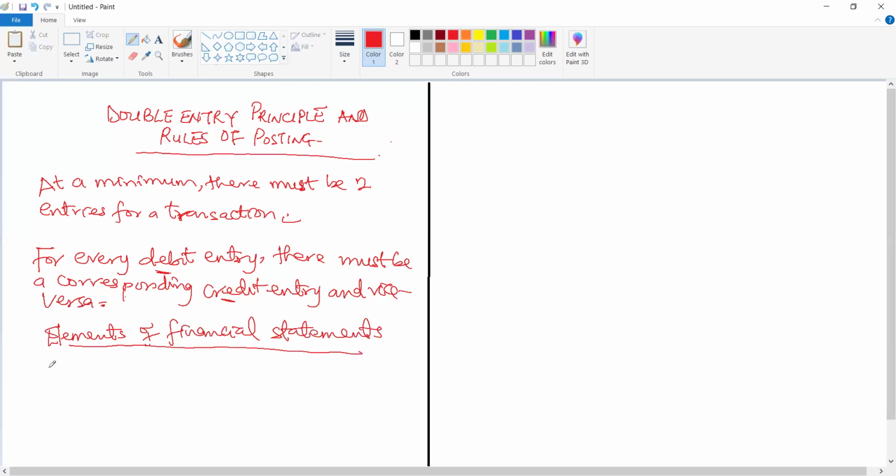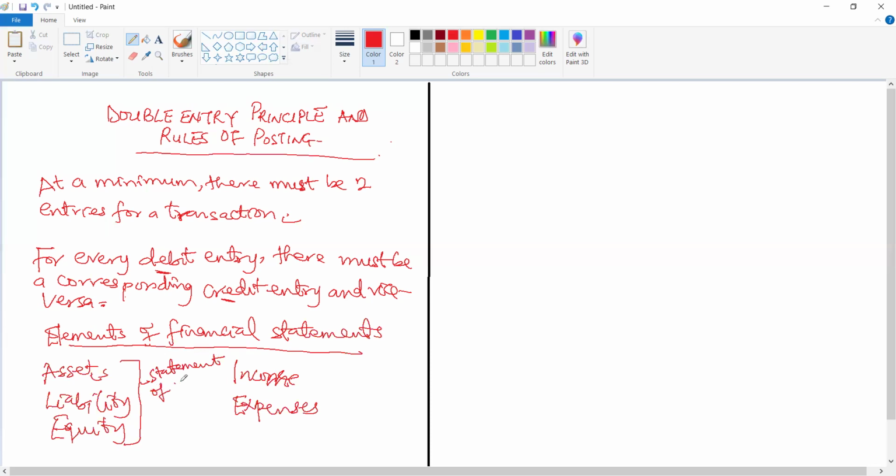We have assets, we have liability, we have equity, we have income, we have expenses. You see, these three that we have here will be reported in our statement of financial position or balance sheet.